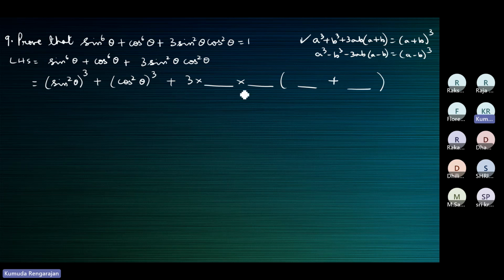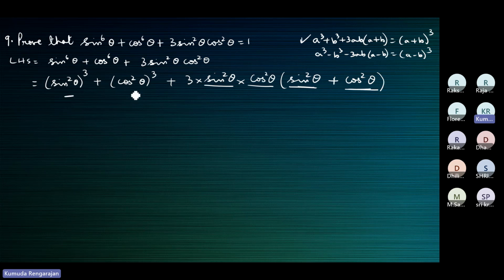Now let's fill the others. So 3ab is 3 sine square theta cos square theta, because we know a is sine square theta and b is cos square theta. Into a plus b, you have to write that. This is a plus b. Now just check if you have made any change to the given expression.